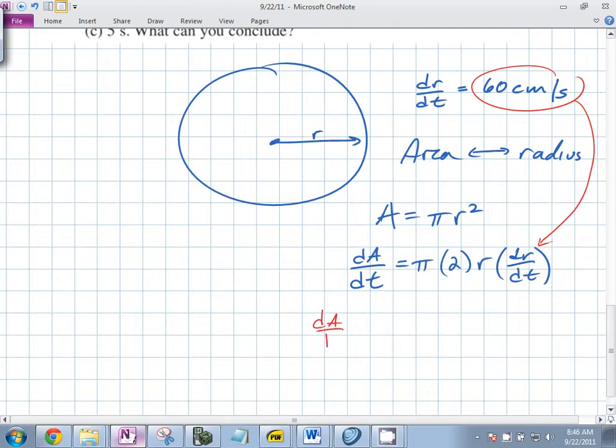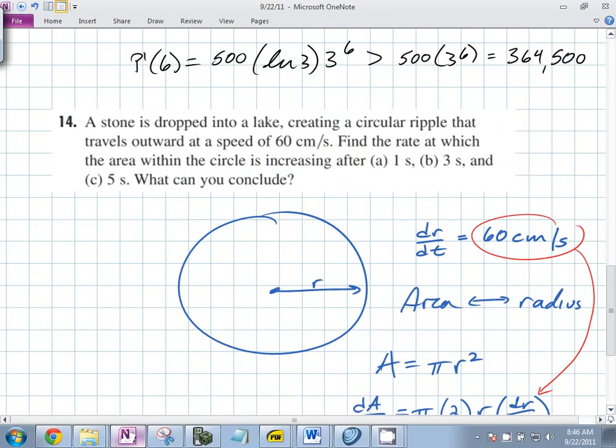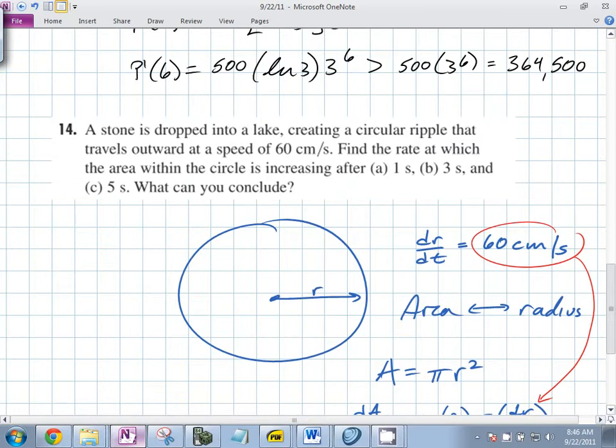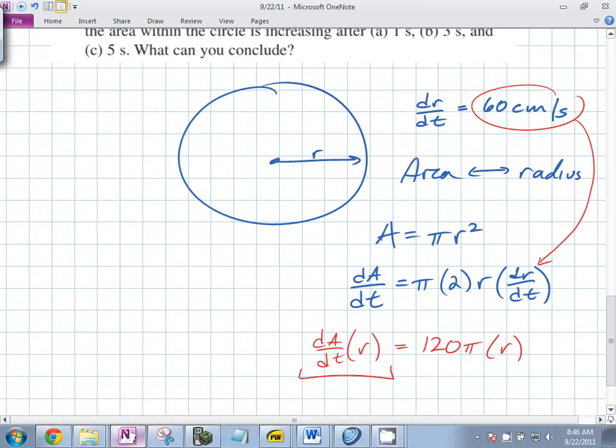dA/dt in terms of r is 2 pi r times 60, so 120 pi times r. This is the rate of change of the area with respect to time at each r value. So we have it at 1 second, 3 seconds, and 5 seconds.